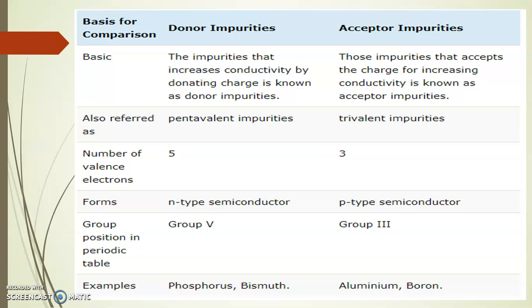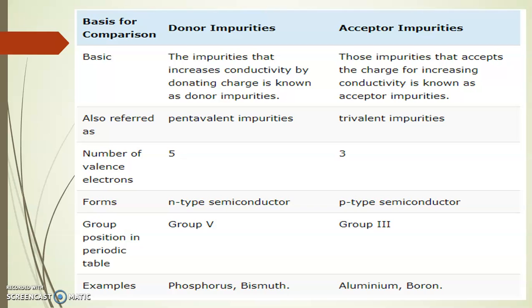So the terms donor impurities and acceptor impurities will be clear in this slide. By the help of a comparison, we will be able to study the donor impurities and the acceptor impurities. Basically, the impurities that increase conductivity by donating charge are known as donor impurities.